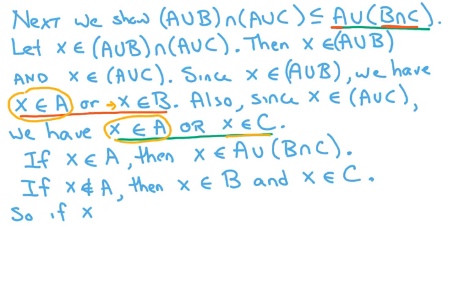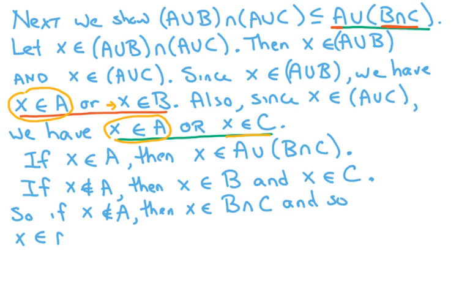So if X is not in A, well, let me maybe say it one more step. Then X is in B intersect C, and so X is in A union (B intersect C).